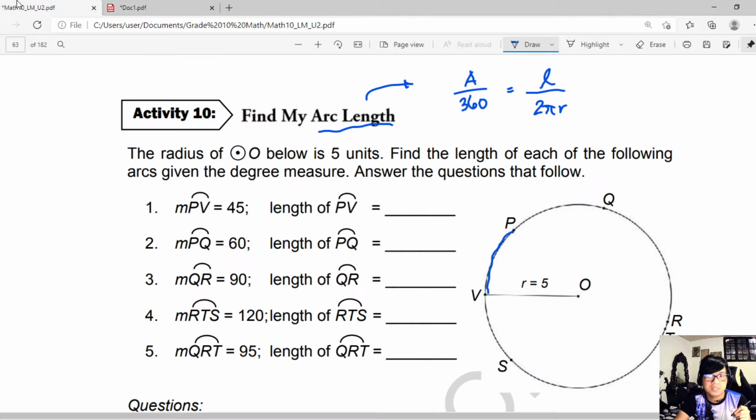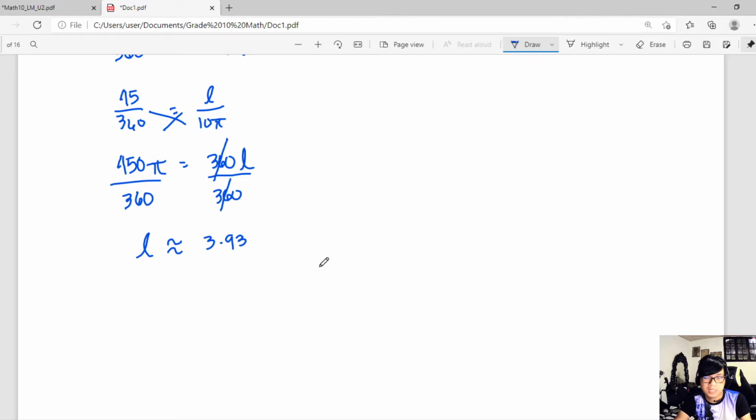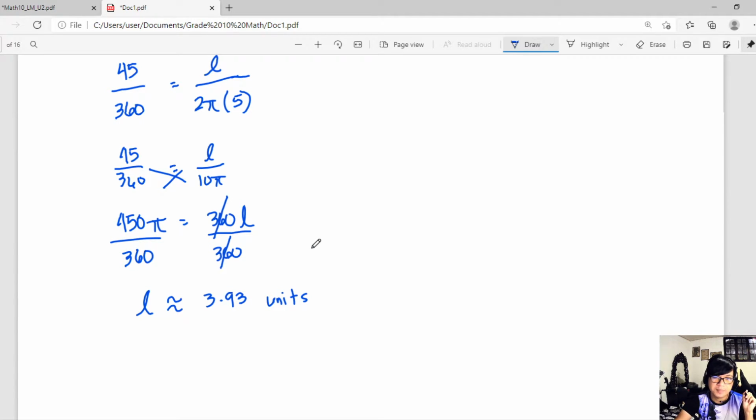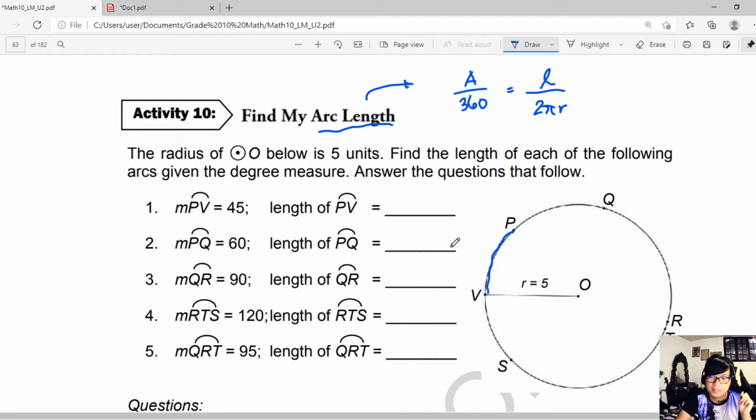What is the unit here? It has no unit, so instead of centimeter, it can be 3.93 units. Simple as that. So this arc length is approximately 3.93 units.